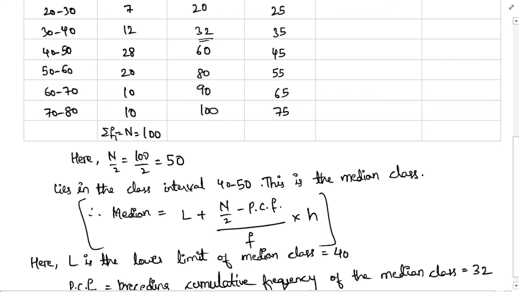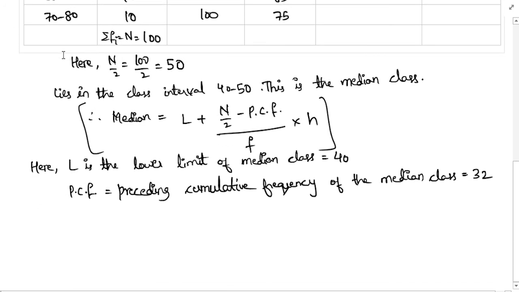So I've taken this. Then the frequency of the median class. What is the frequency of the median class, 40 to 50? This one, right? So it will be 28, and the width of the median class, that is the class interval, will be equal to 10, because for 40 to 50 the difference is 10, right? So we will write that here.